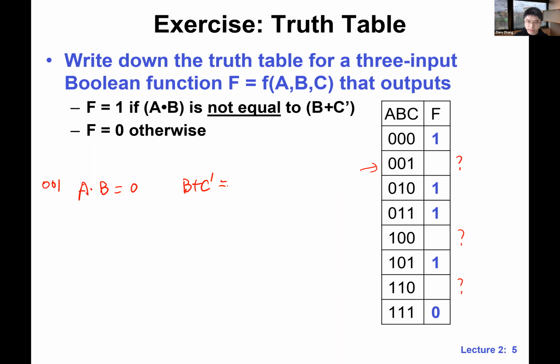B is 0, C is 1, C naught is 0. So 0 plus 0, we get a 0. So these two are the same, so over here we have a 0. Does it make sense?